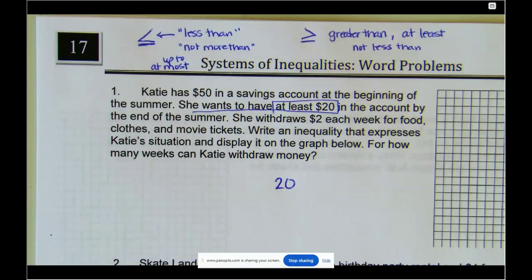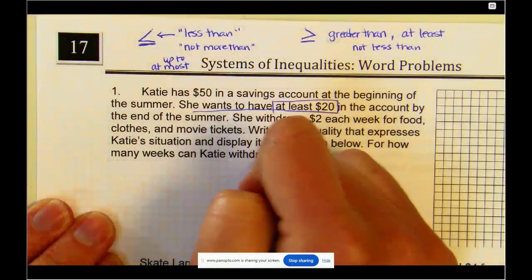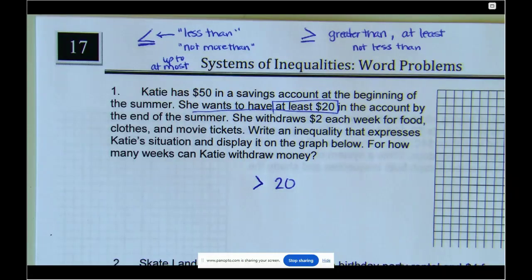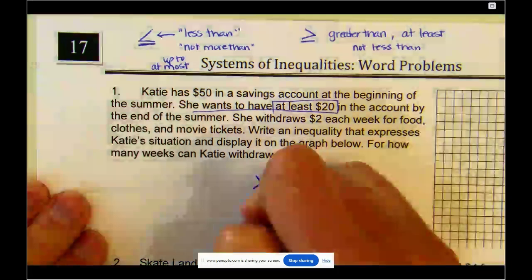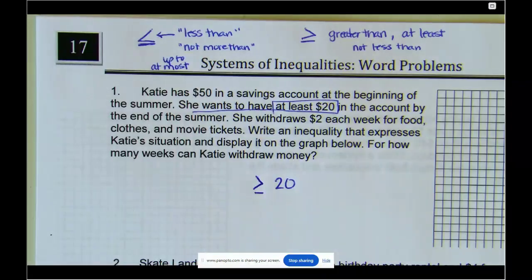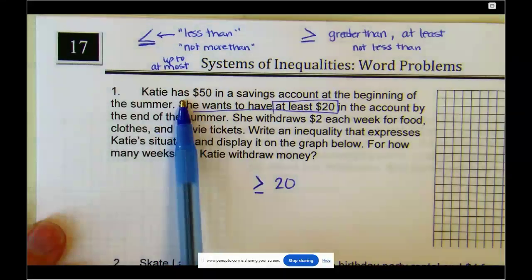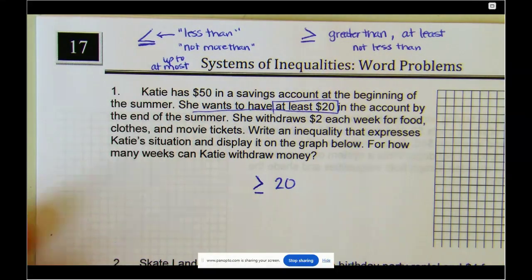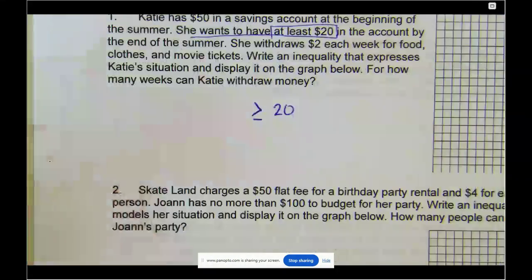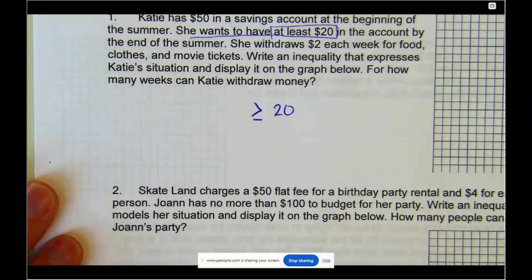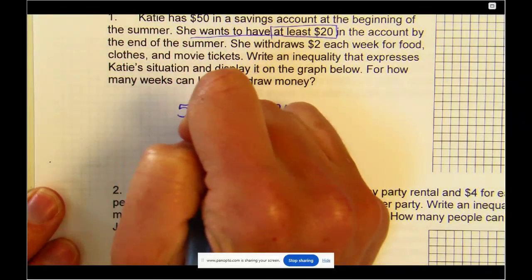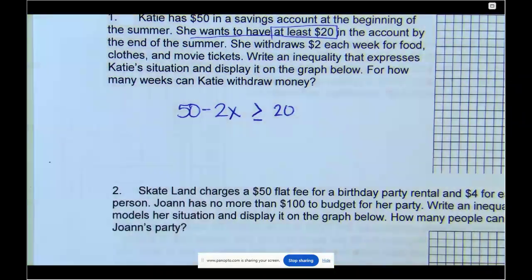Now in this situation, could she have $20 and be happy? If it's at least 20, for sure. So then it's equal to. My strategy for you would be in one like this, look for the total, and then write the rest of it. It says she has $50 in a savings account. She withdraws $2 each week. What would be the equation part of that? 50 minus 2x. Okay, done. We're not going to do anything else with that.